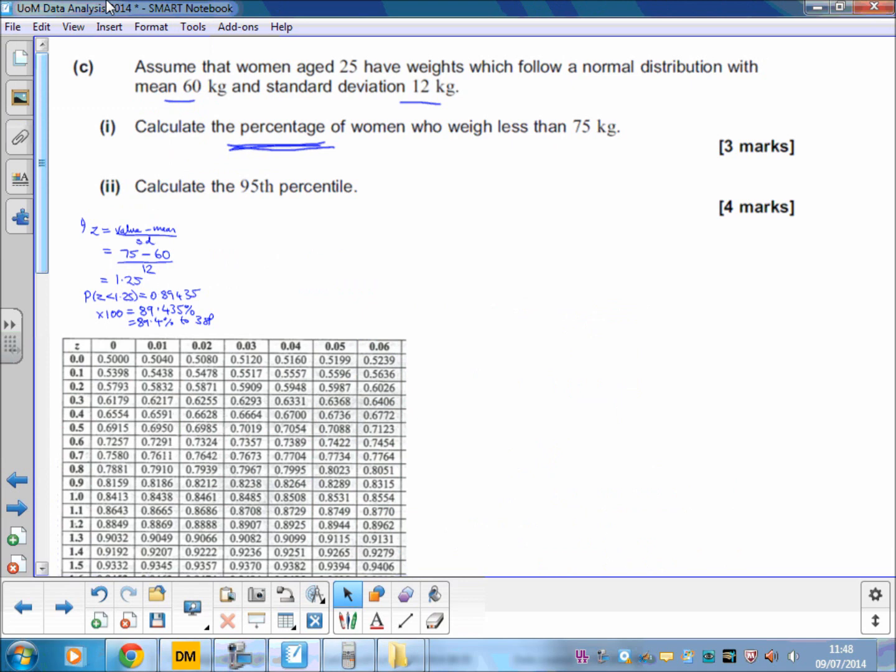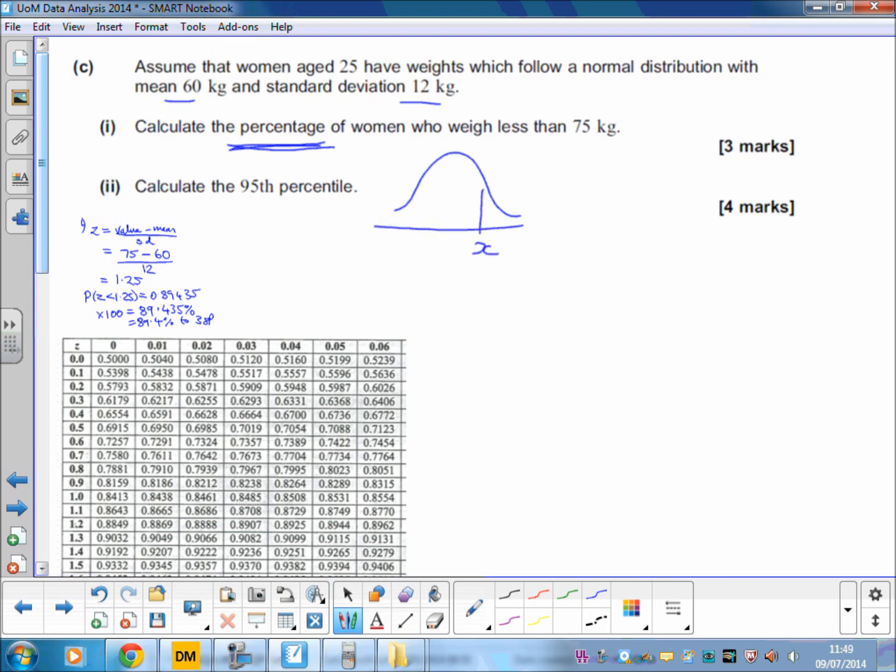So the second part of part C is to calculate the 95th percentile. So this means we want to know what number are 95% here on our diagram if we drew a normal distribution. So for what value of X are 95% of the women below that weight?